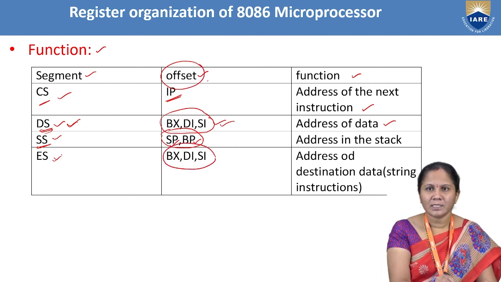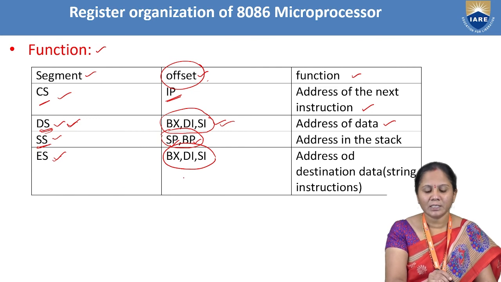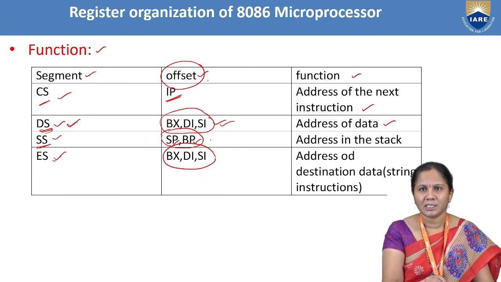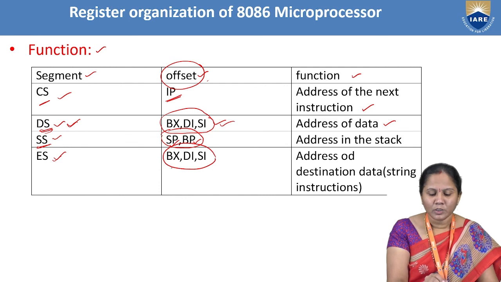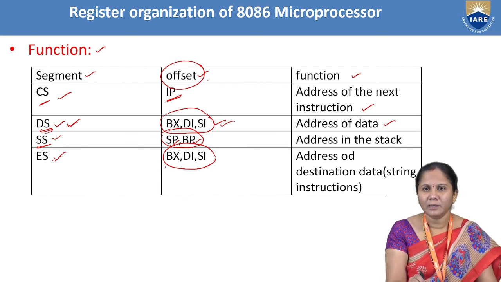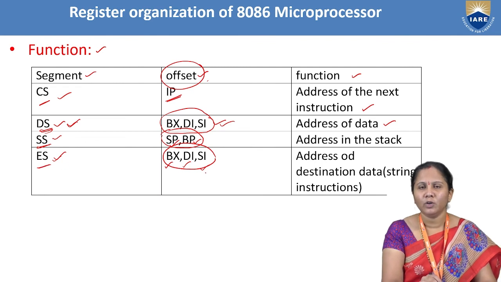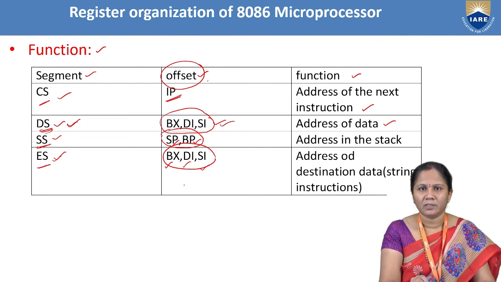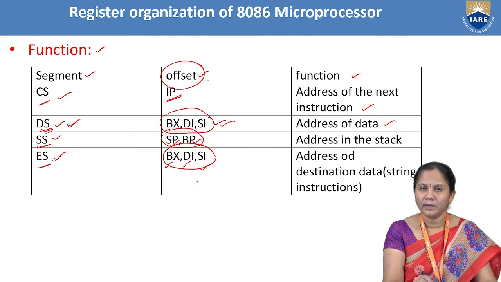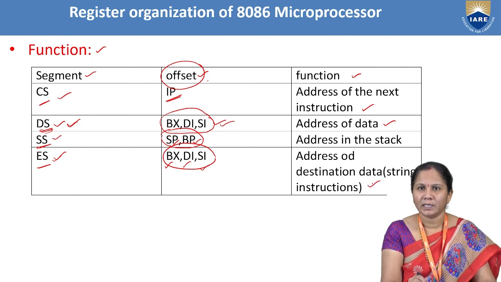And the last one is the extra segment. The data segment can also be called the extra segment. So whatever registers we considered in the data segment to calculate the offset address, the same registers will be there for the extra segment also in order to find the offset address. So the offset address will come from any of these registers. It may be from the base register, or from the destination index, or from the source index.